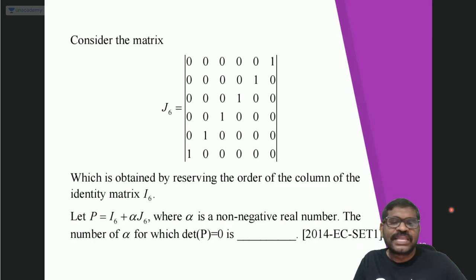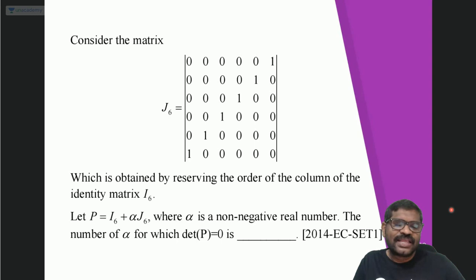Next, consider J6, a 6 cross 6 matrix, which is obtained by reversing the order of the columns of identity matrix I6.